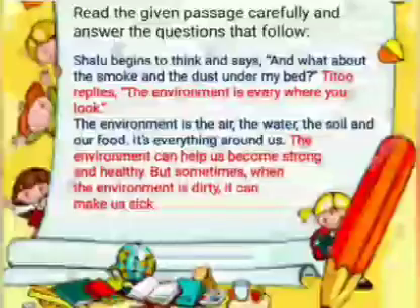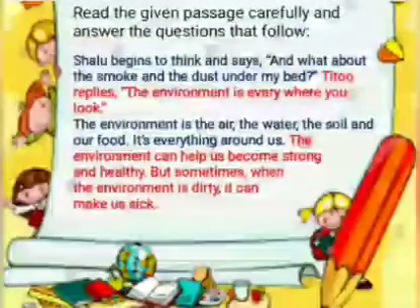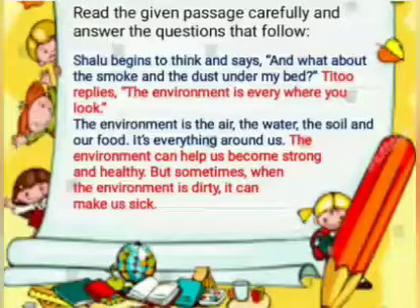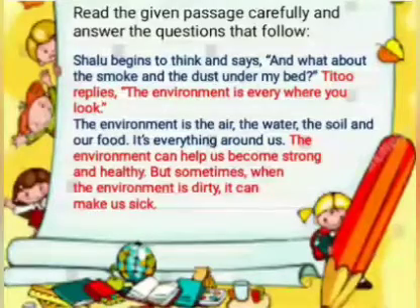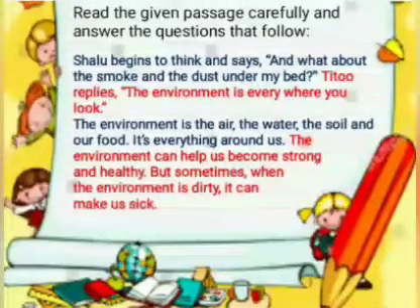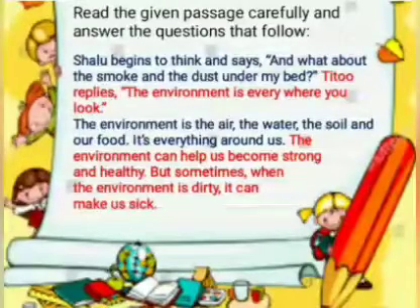Let's read the second paragraph first, and the line here is the environment is the air, the water, the soil and our food. It's everything around us. This means that environment is everything around us. So yes, this is a true sentence and we will be writing true in our first blank because environment is everything around us and the exact line is seen in the passage given.